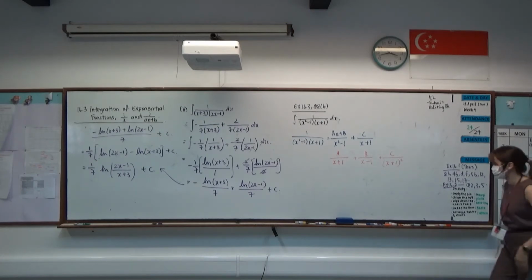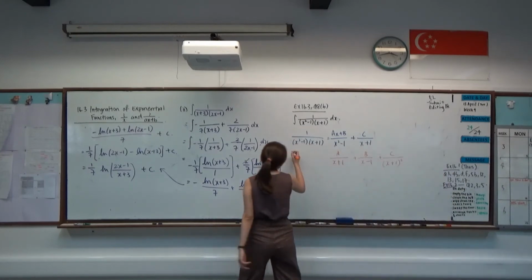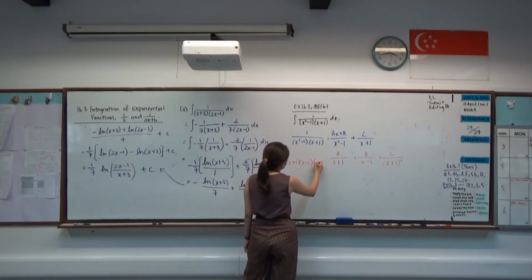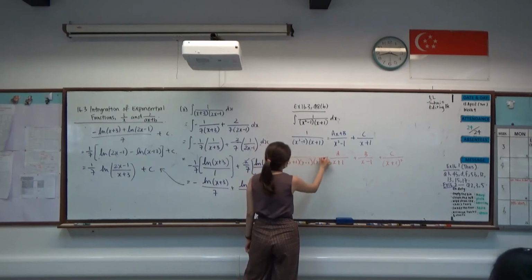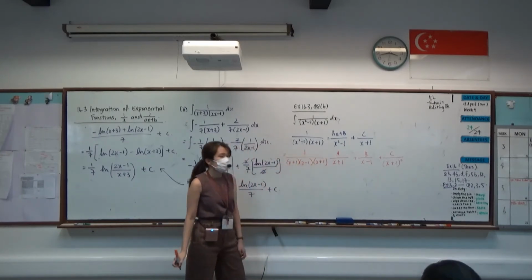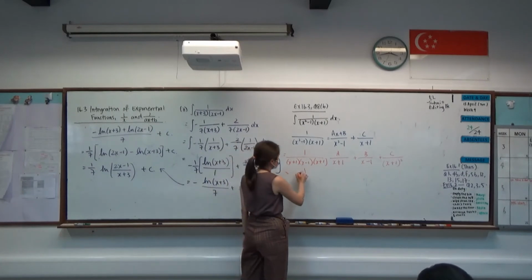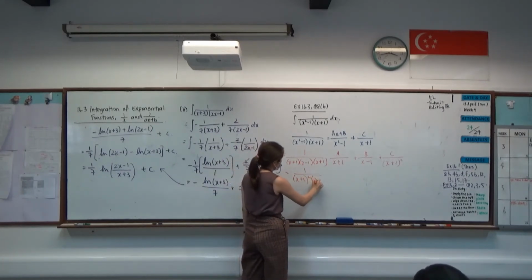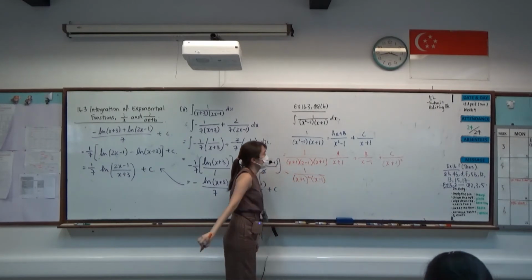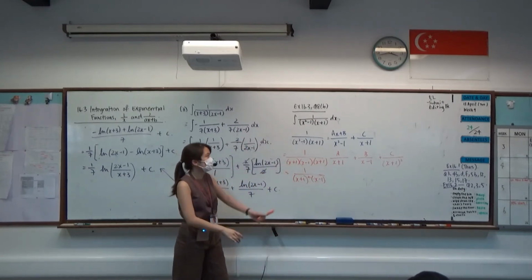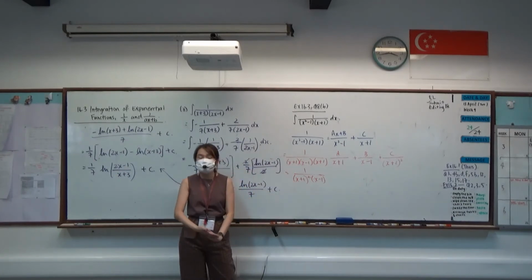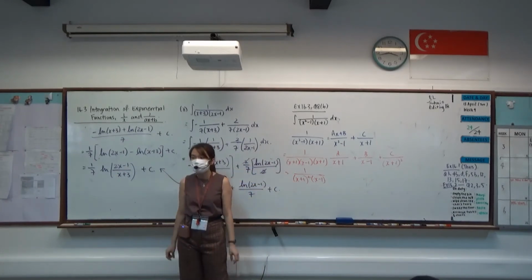Okay, so Bobby said that yes, he agrees because x squared minus 1 is x plus 1, x minus 1. So therefore, essentially, the question's fraction is actually 1 over x plus 1 squared times x minus 1.